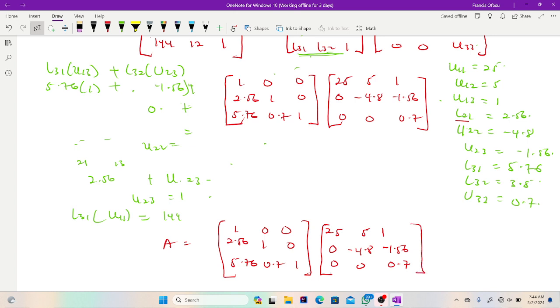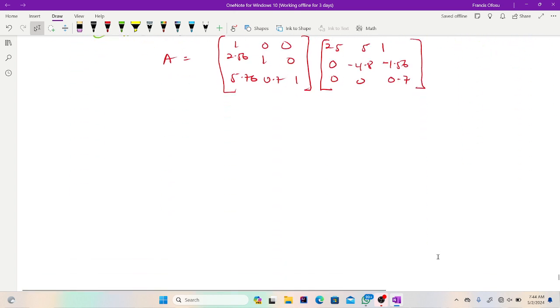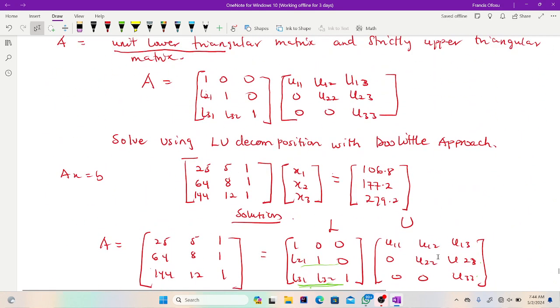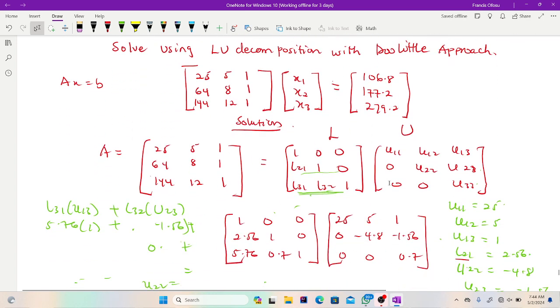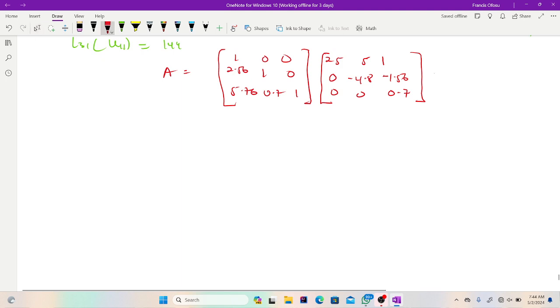Once I get this, I move straight to finding the x because I know the b, right? From the problem, the b is 106.8, 177.2, then 279.2.